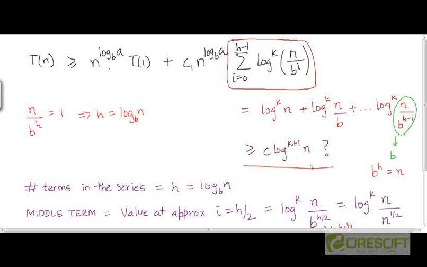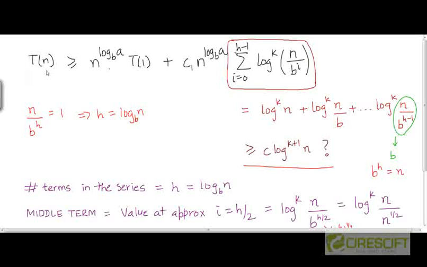Right? We've proven that this series is bounded from below by a constant multiple of log to the power k plus 1 of n. So let's take this lower bound and replace this series by the lower bound. By doing so, we will be reducing the value of this expression. So it will become further less than T of n.